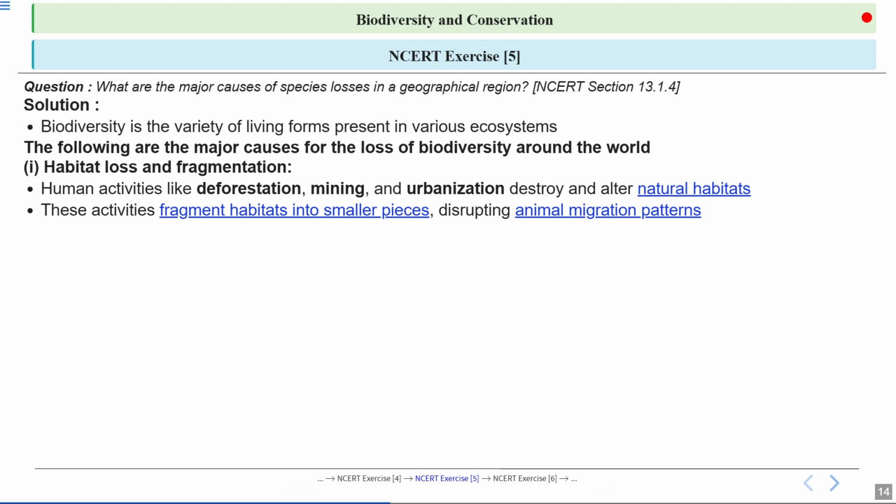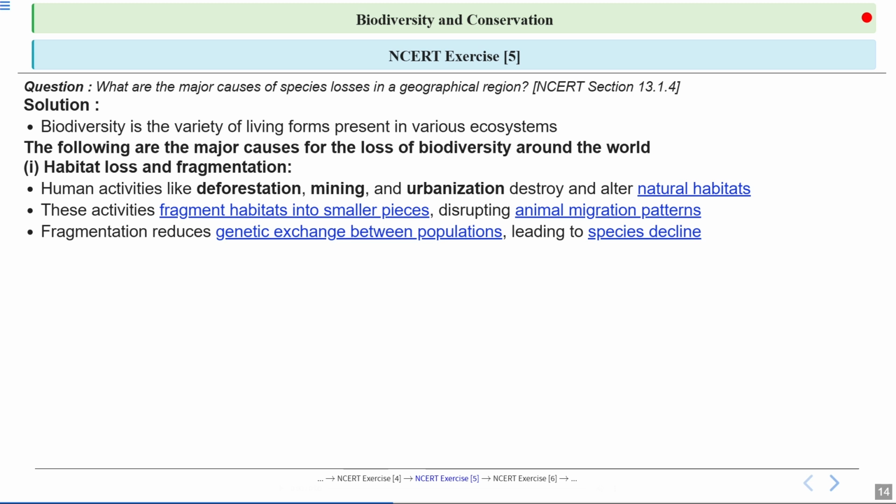Yes, so due to habitat fragmentation, they are disrupting the animal migration patterns as well. So what is happening due to habitat fragmentation? This creates a barrier that prevents animals from moving freely between their breeding, feeding, and sheltering areas.